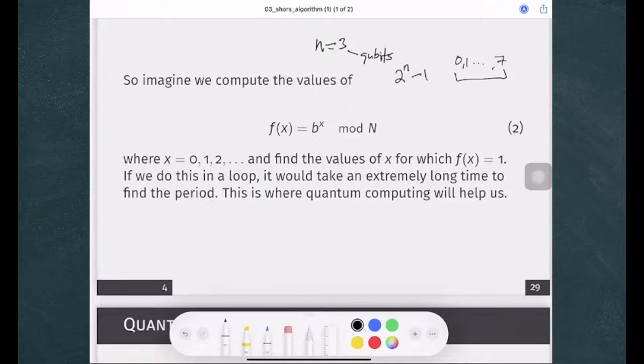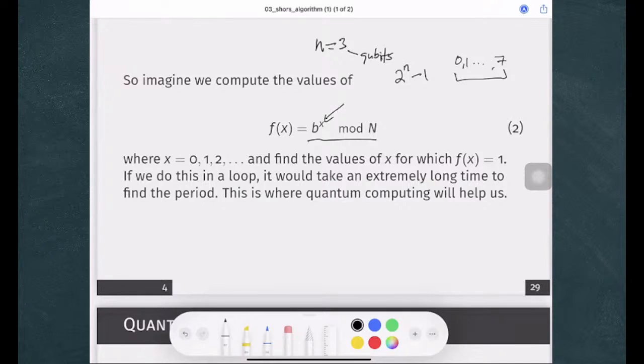And the thing about this is that if you apply an operation, like for example b to the x modulo n, to those qubits, you actually apply it to all numbers between 0 and 2 to the n minus 1. You are applying b to the x modulo n, where x stands for your number, one of the numbers generated by the superposition.